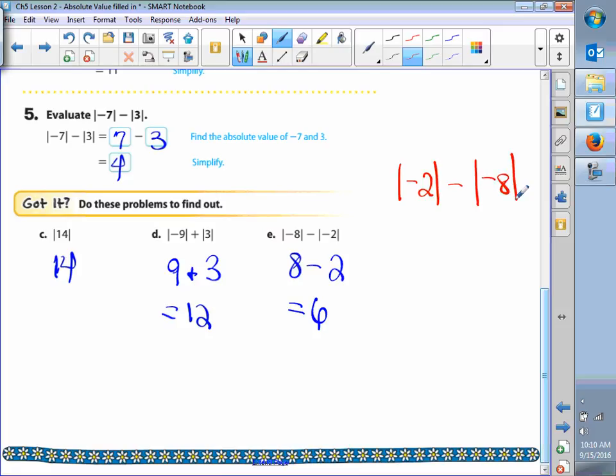What's the absolute value of -2? 2. Minus, what's the absolute value of -8? 8. So this says 2 minus 8, which brings up what you were talking about, Ben. This is going to be -6. And we will talk about negative integers later on.